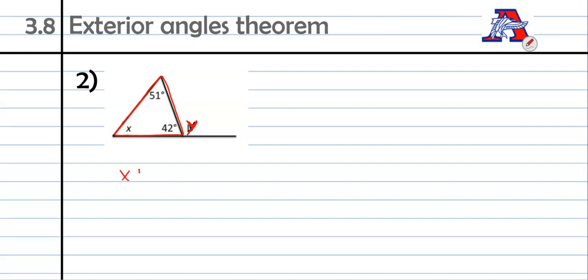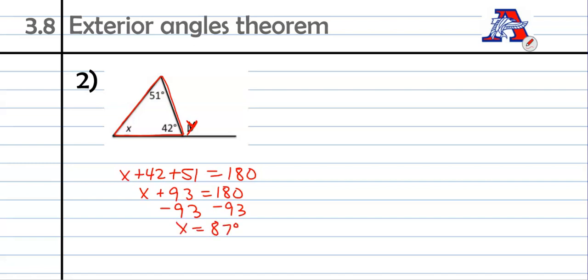So we know that x plus 42 plus 51 altogether should be 180 degrees. So we can do x plus, let's combine like terms here, 93 is equal to 180. Subtract 93 from both sides, and x is going to be equal to 87 degrees.